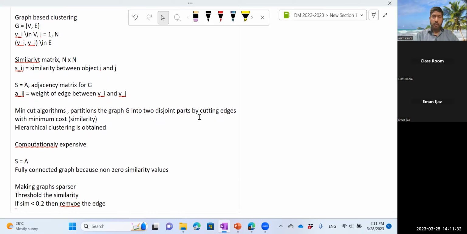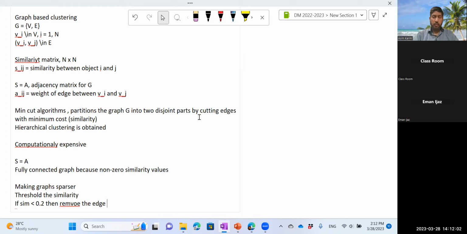In other words, if two objects are relatively dissimilar and their similarity is less than whatever threshold you have specified, in this case 0.2, you remove the edge, or you go to the adjacency matrix and convert that value to 0. A value of 0 in the adjacency matrix means that there is no edge between the two nodes in the graph.